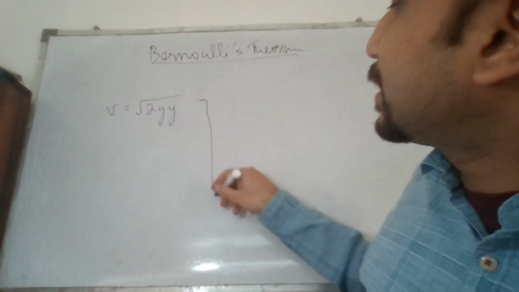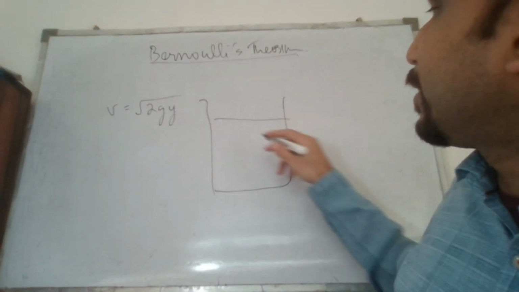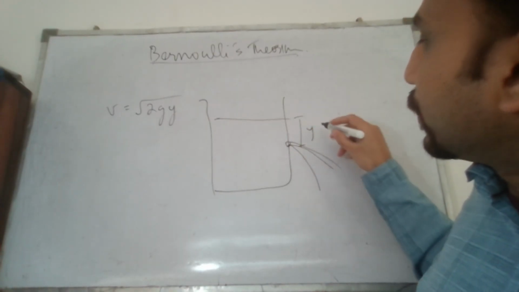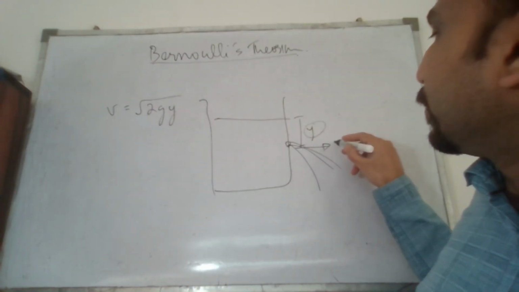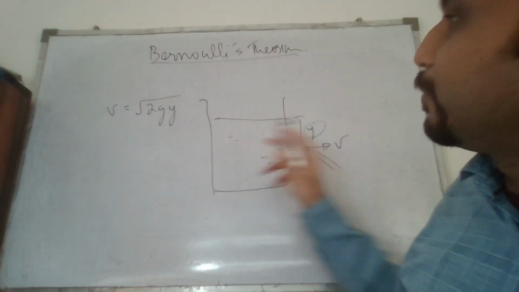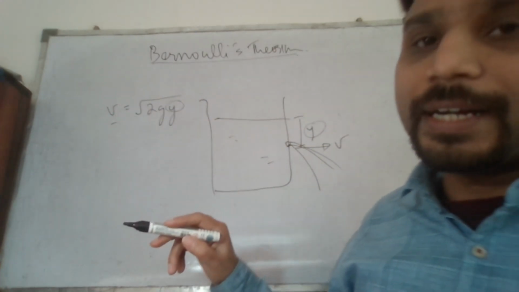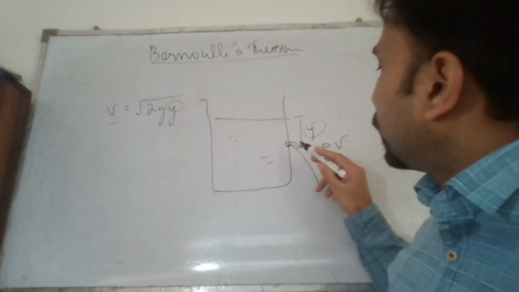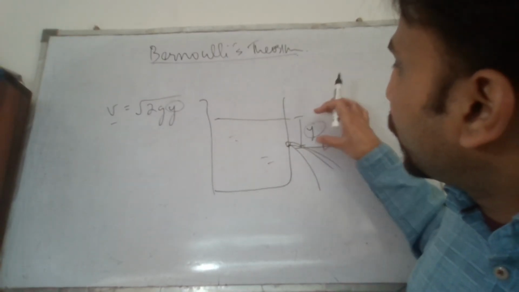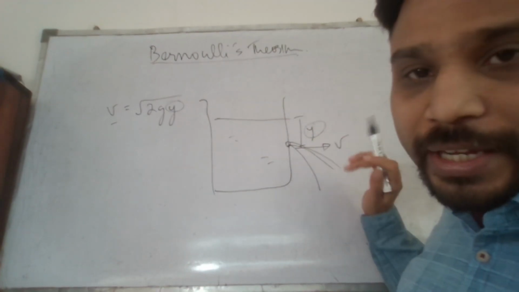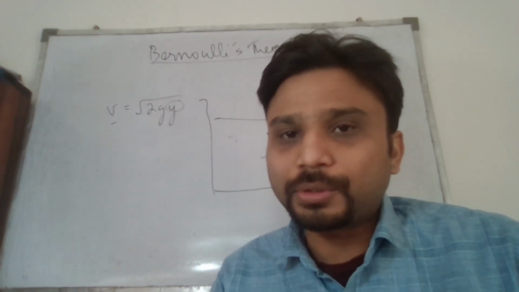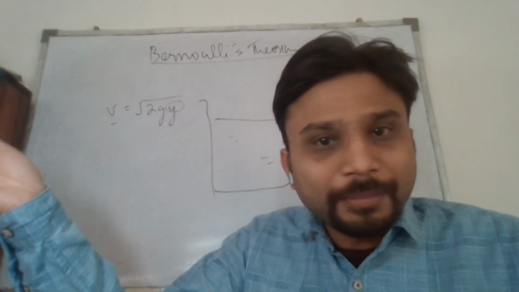This equation tells us that if you have a container and you have poked a hole in it at a depth of y, then the fluid will pour out at velocity v, and v would be proportional to the square root of that y distance. This is called Torricelli's equation or Torricelli's law, because it is named after him.